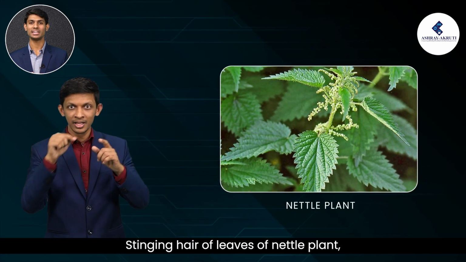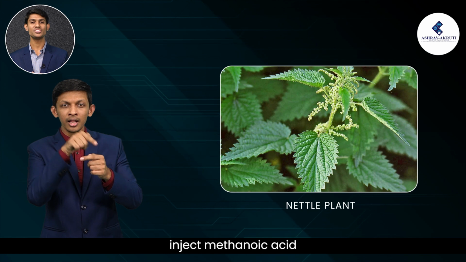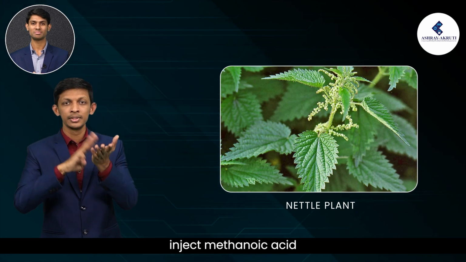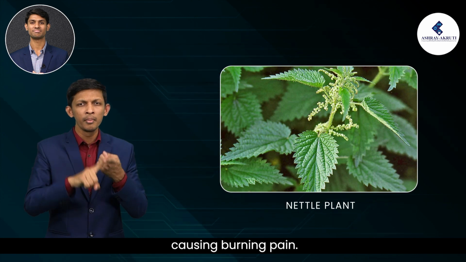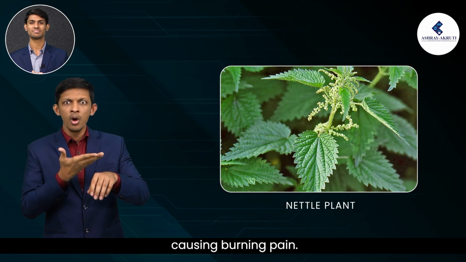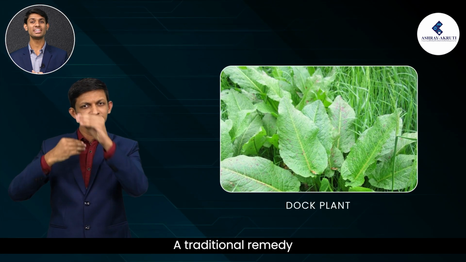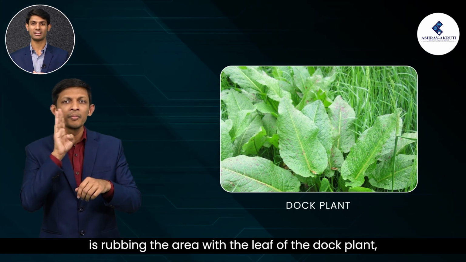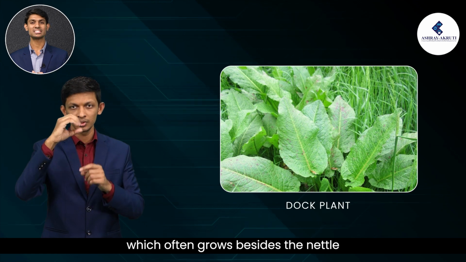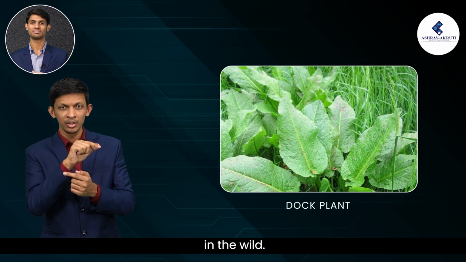Stinging hair of leaves of nettle plant inject methanoic acid, causing burning pain. A traditional remedy is rubbing the area with the leaf of the dock plant, which often grows beside the nettle in the wild.